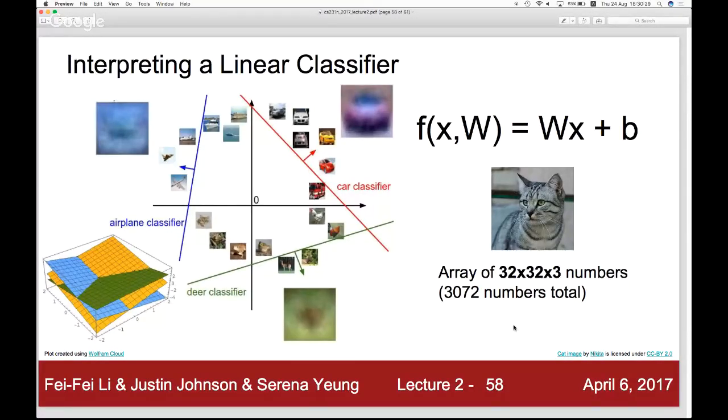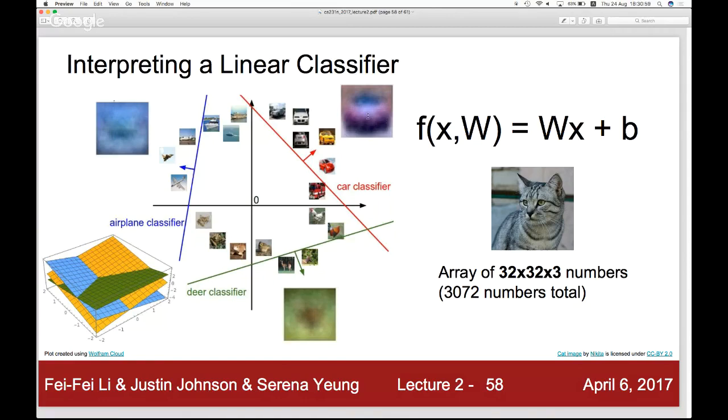So basically what's happening is for every one of those sets of coefficients, those W's associated with a single class, like 3,072 parameters, is dictating some hyperplane. So I'm just showing you this hyperplane in 2 dimensions, right? It's going to draw a line or a hyperplane, and depending on which way the norm is facing, we're going to say everything above that perpendicular plane classifies things that are of that sort.